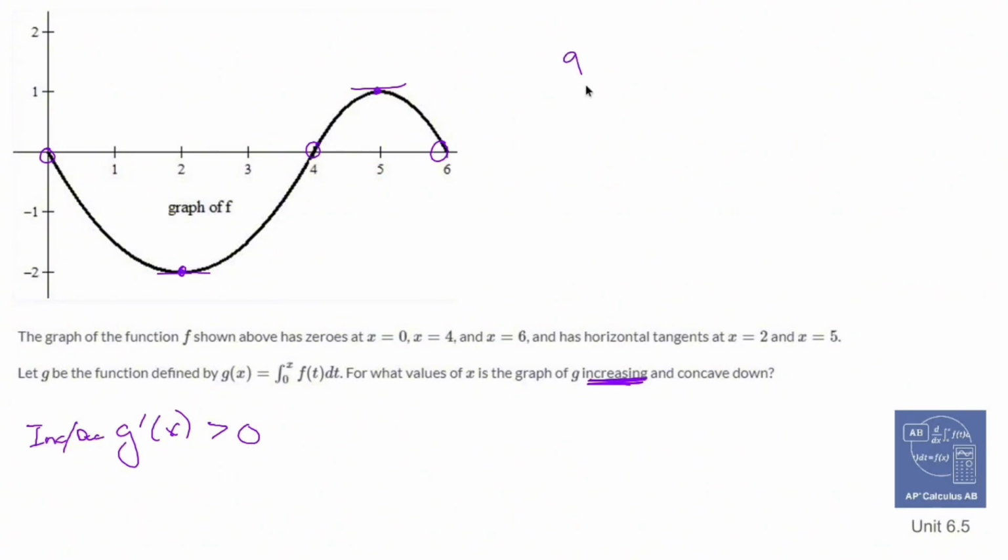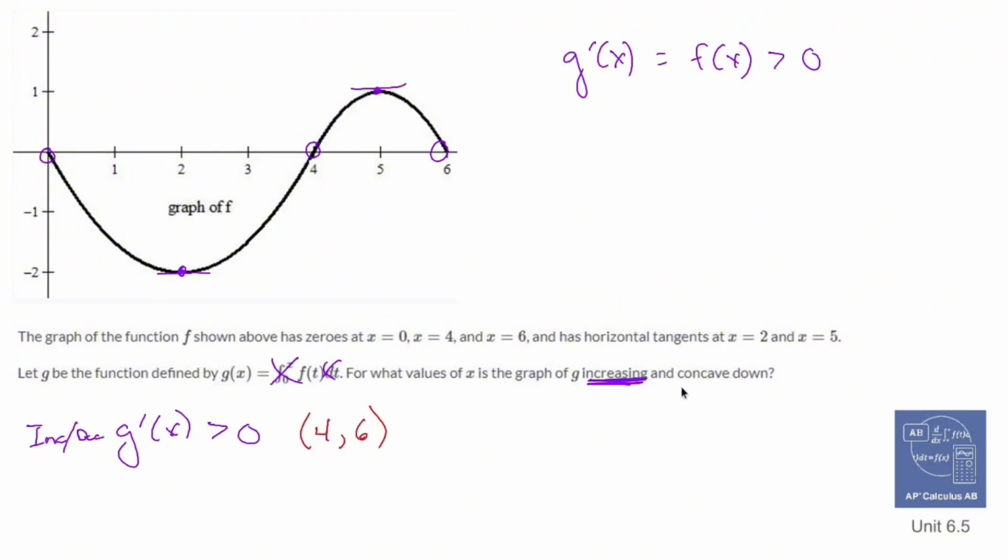Well, what's g prime of x in this case? G prime of x is going to be the derivative of the integral, so the integral's gone now, and I'm left with f of x. That's what the fundamental theorem of calculus says. So I care about where f of x is positive. So if this is the graph of f of x, I care about where f of x is above the x-axis. And f of x is above the x-axis between 4 and 6.